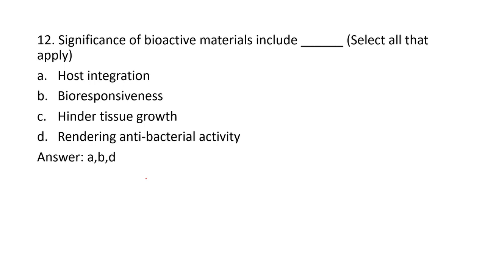Bioactive materials that can be incorporated in a scaffold or a hydrogel are, for example, nanoparticles. You would have heard about iron oxide nanoparticles, ferric nanoparticles. They are usually incorporated in scaffolds or hydrogels to produce antibacterial activity, to render the whole biomaterial antibacterial in nature.